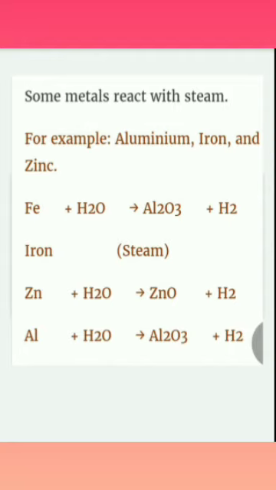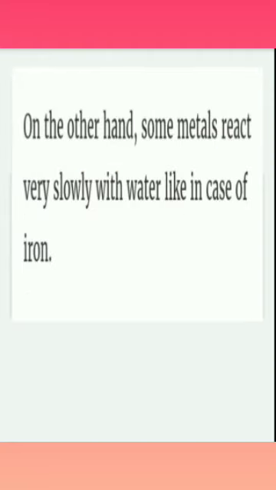Aluminium plus water gives aluminium oxide plus hydrogen. Okay, please change the first formula: Fe plus H2O gives Fe2O3 plus hydrogen. So during this reaction, hydrogen gas is liberated. On the other hand, some metals react very slowly with water, like in the case of iron.